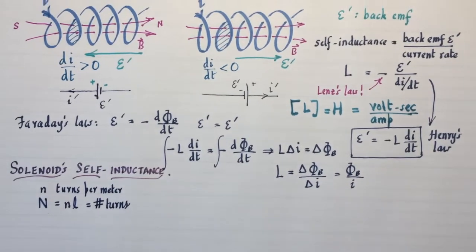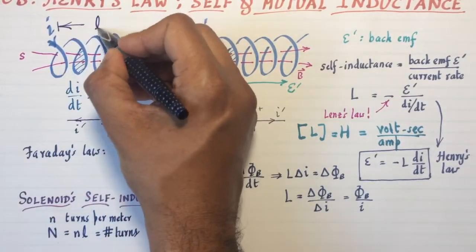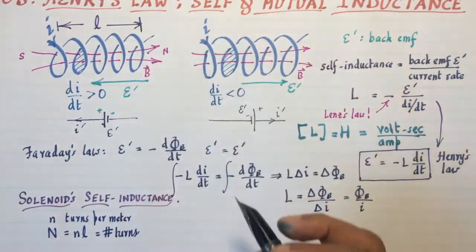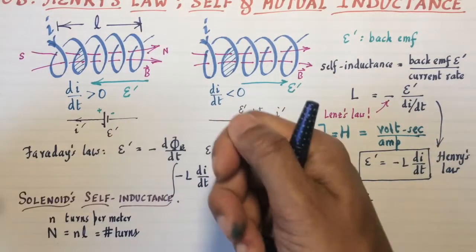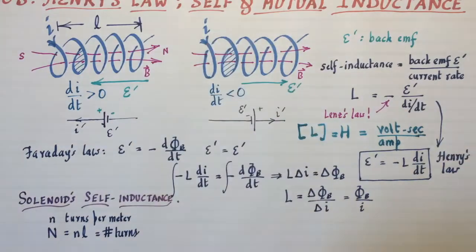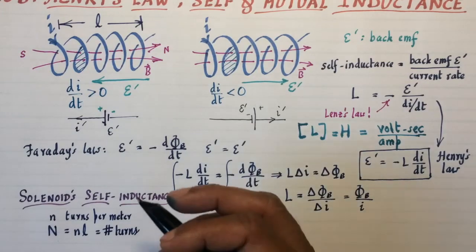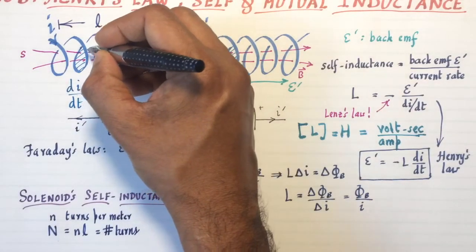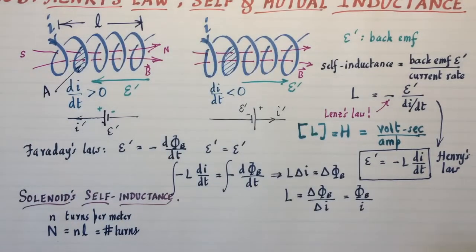So I'll just put the length of the solenoid here. I'm always amazed that you take a piece of wire, it's nothing, and then you just wrap it around a pencil, and suddenly it becomes an energy storage device that stores magnetic energy. It's one of the most amazing facts of life. The cross-sectional area, which I've shaded here for other reasons, can be called capital A.